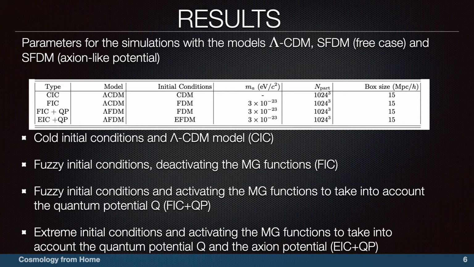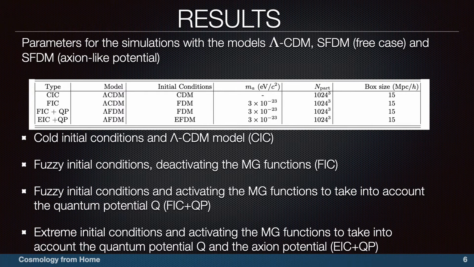The FIC plus QP simulation corresponds to the free case with a fuzzy initial condition, with the parameter λ equal to 0. In this simulation, the modified gravity functions of the code are active to take into account the quantum potential.